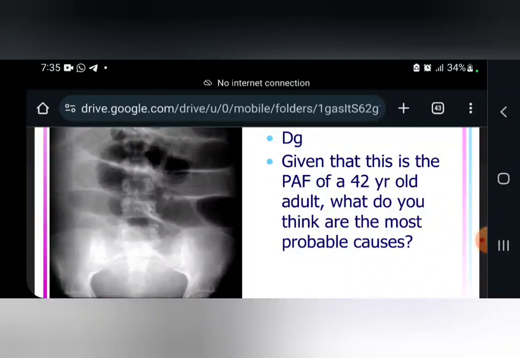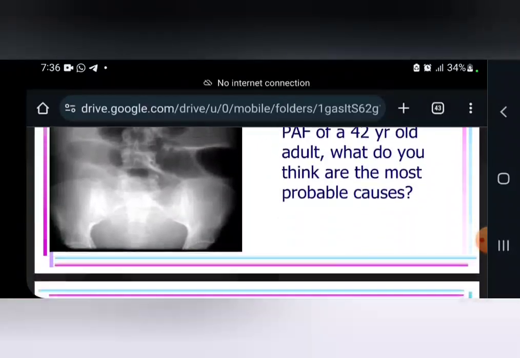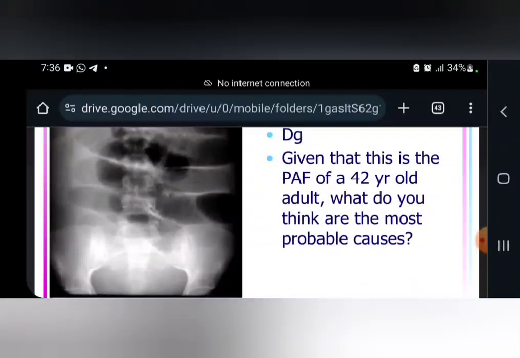That's the difference between incarcerated and strangulated hernia. Generally, when you have both incarcerated and strangulated hernia, there's an emergency management. Is it clear? So now, in this case, the most probable cause in our context, Africa, is hernia. Is it clear? But in Europe, since they are mostly doing surgery, their most common cause is adhesions.